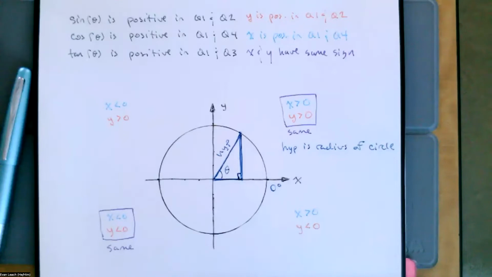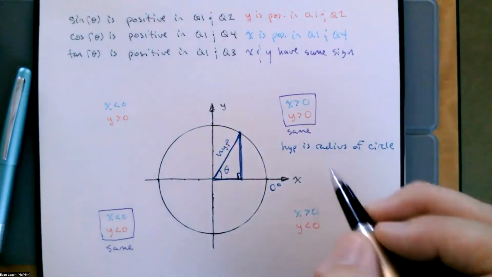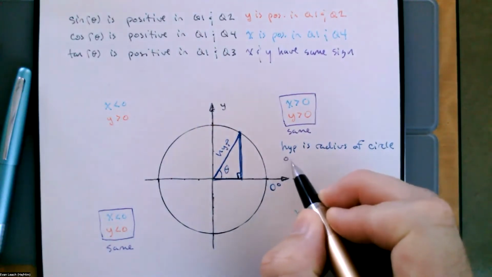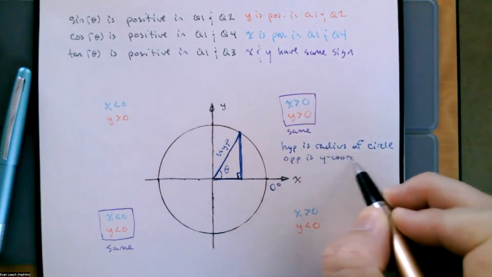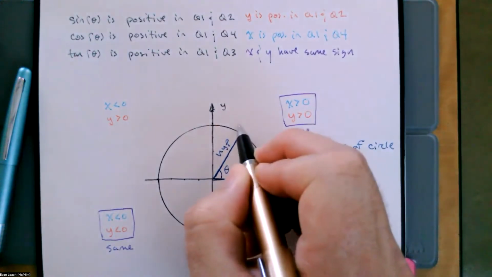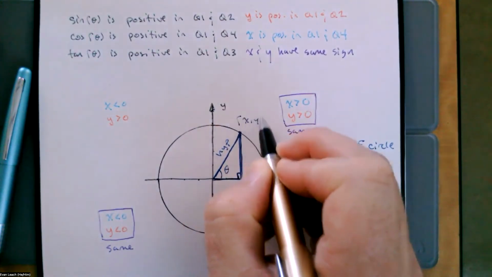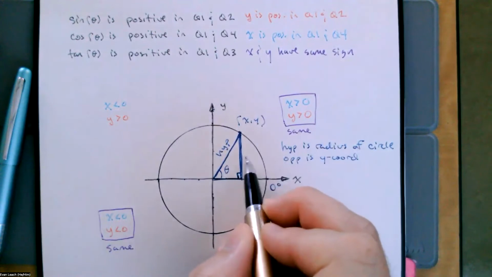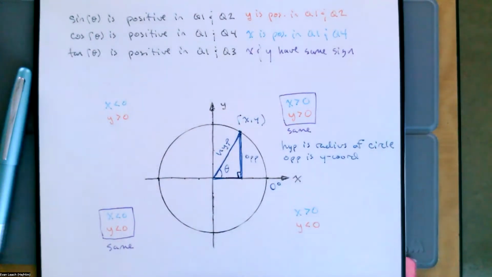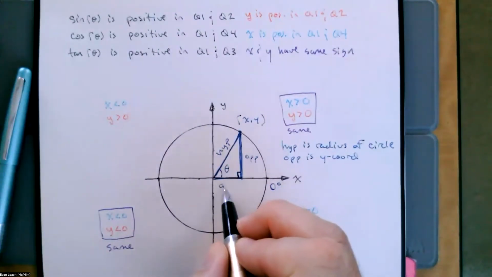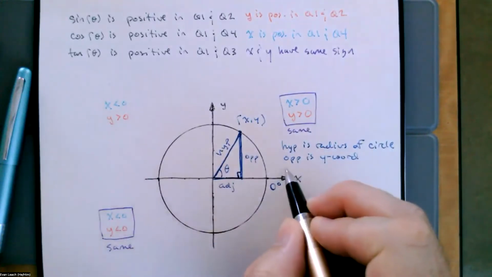The side opposite the angle theta is going to be the y coordinate of the circle. If we think at this point on the circle, x and y coordinates, the opposite is a vertical distance, so it's the y coordinate, and the adjacent side is the x coordinate.